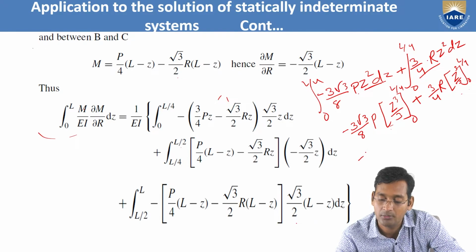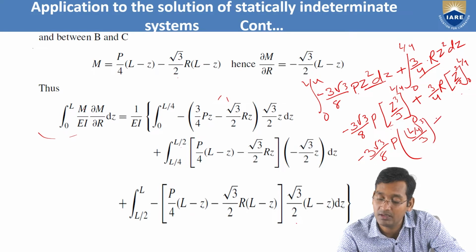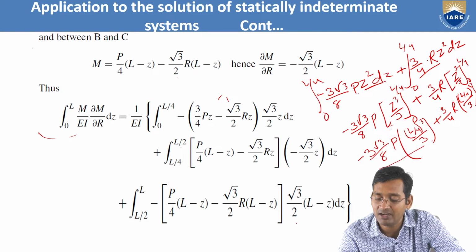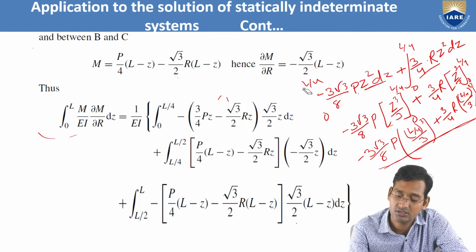So I'm writing minus 3 root 3 by 8 p, now z is L by 4, so L by 4 whole cube by 3, plus 3 by 4 r, z cube again the same, L by 4 whole cube divided by 3. Now after expanding, this becomes L cube by 64, into 3. Similarly here also. So after simplifying this, what will we get?